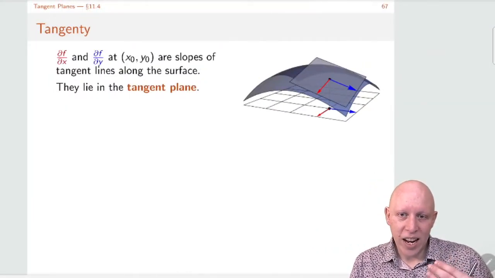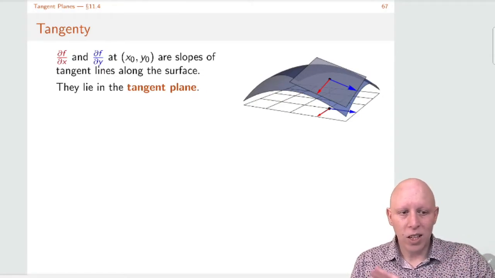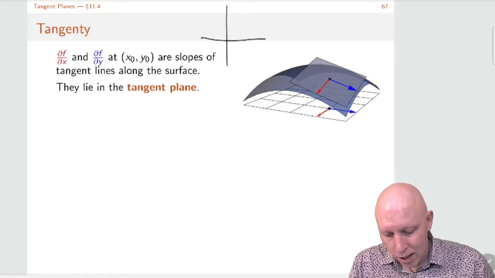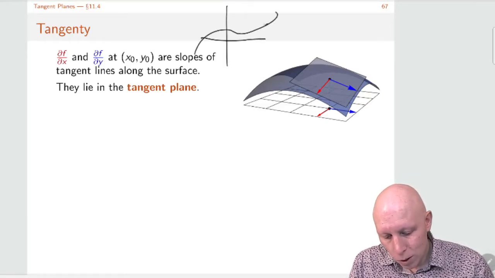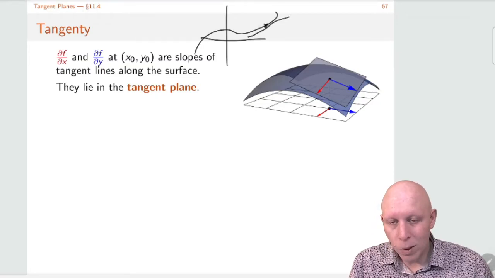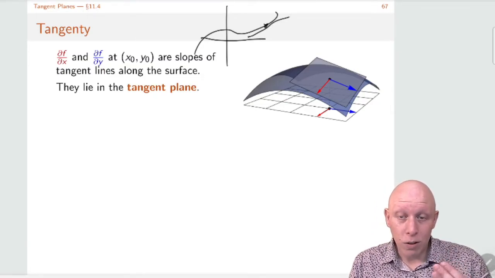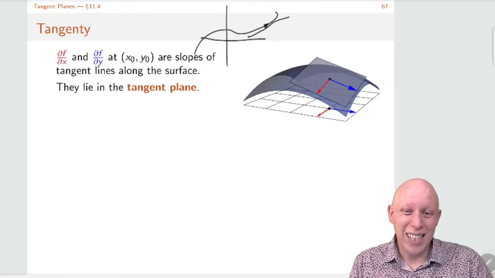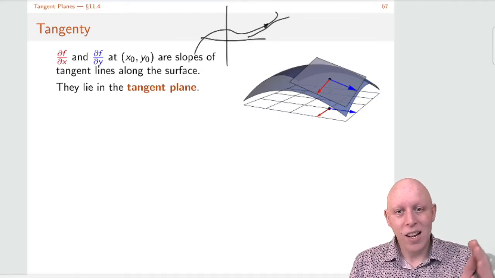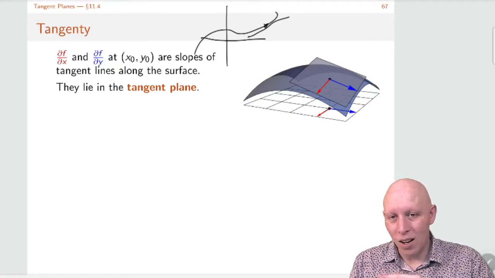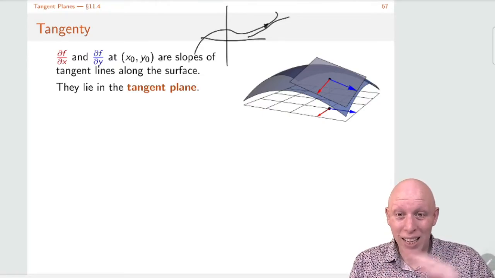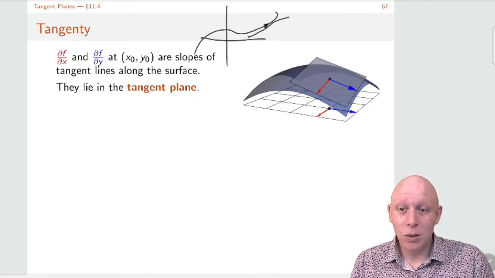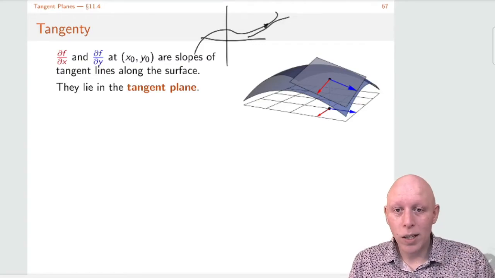And this idea of these vectors lying in a plane is the analogous idea of our function of one variable, where we have at a point, we can talk about the tangent line to the curve at that point. Here we now have a surface, so the thing that's tangent to the surface is not a line, it's now a full plane.